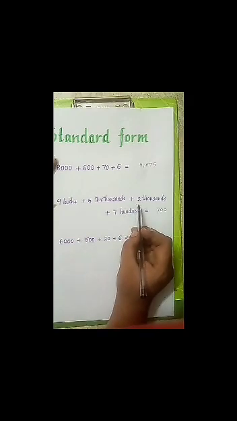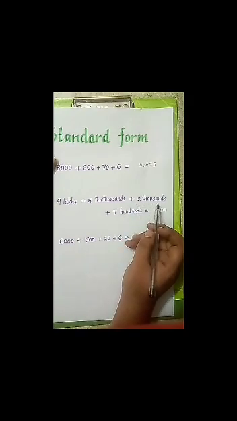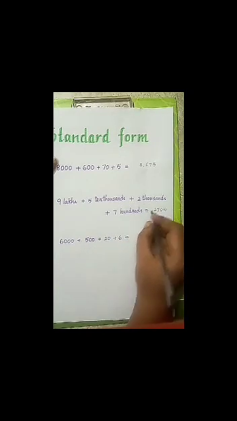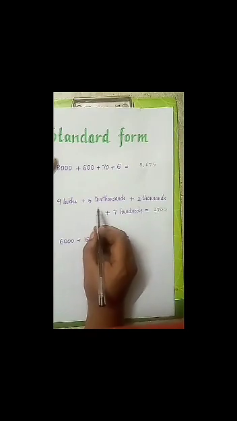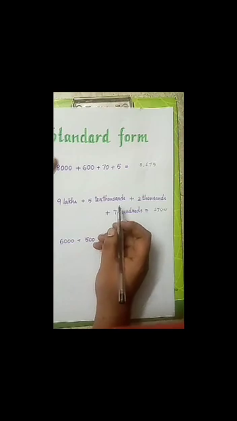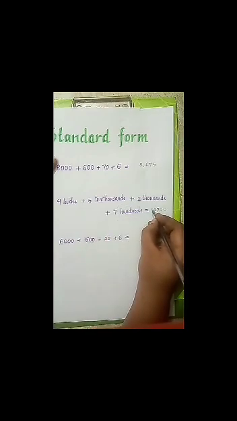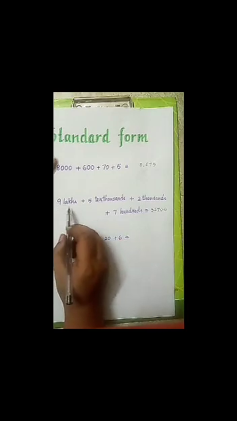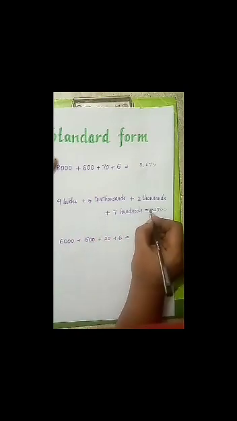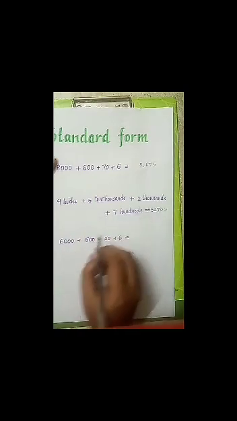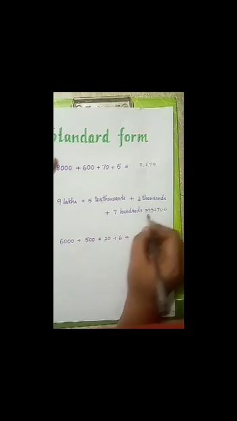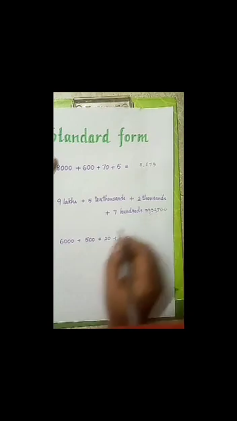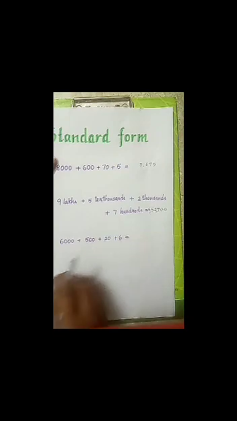Next 2 is in the thousands place. We will write 2 here. Then 5 is in the ten thousands place. We will write 5 here. Now at the last there is 9 lakhs. So we write 9. Here the answer is 9,52,700. Is it clear? Okay.